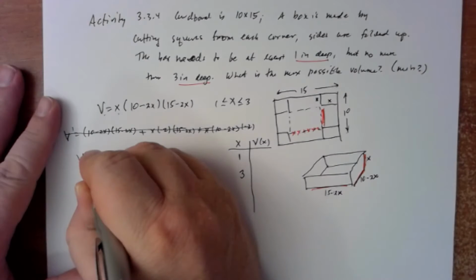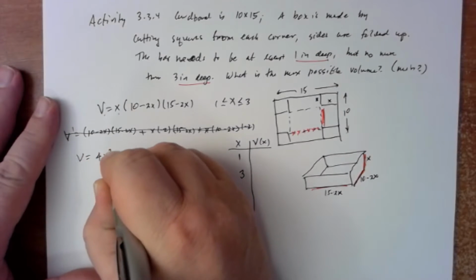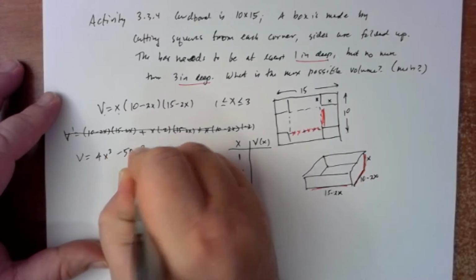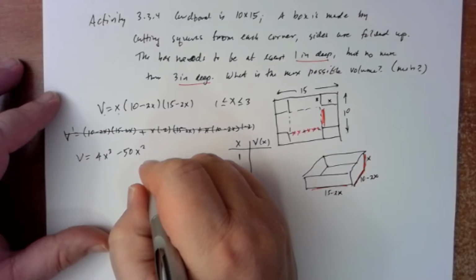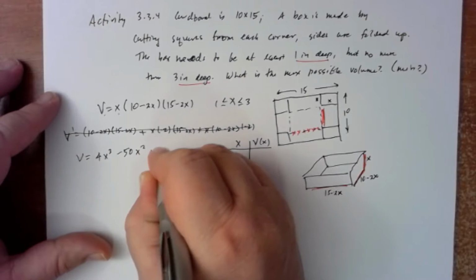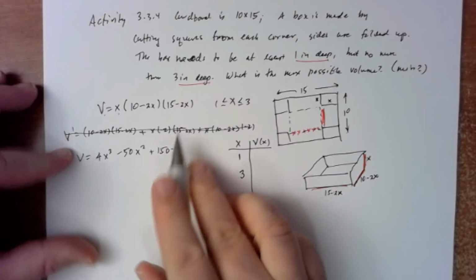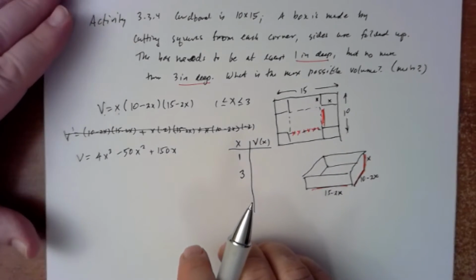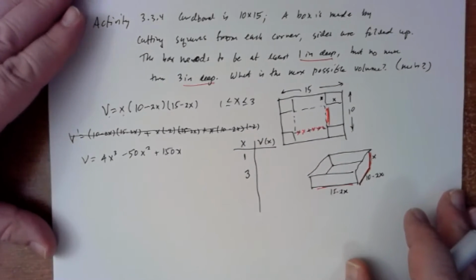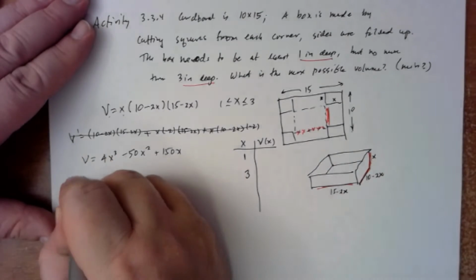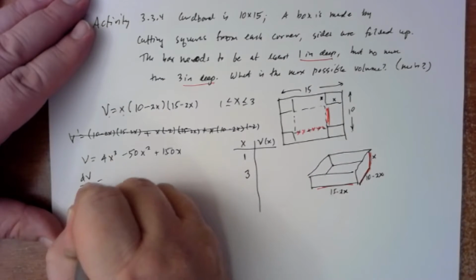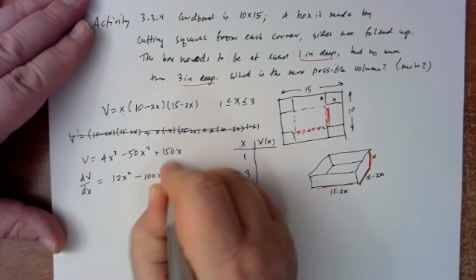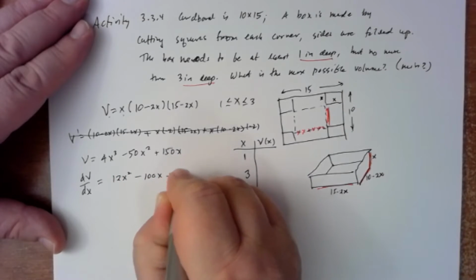V is just going to be 4x cubed minus 50x squared plus 150x. You see that's a lot easier to deal with. So we just have this cubic function, and now the derivative is a lot easier to compute. The derivative with respect to x will just be 12x squared minus 100x plus 150.